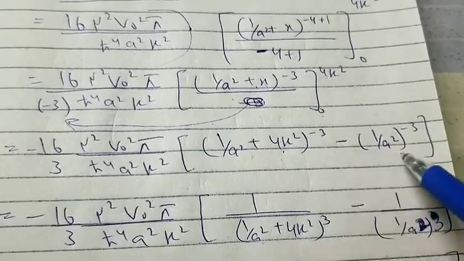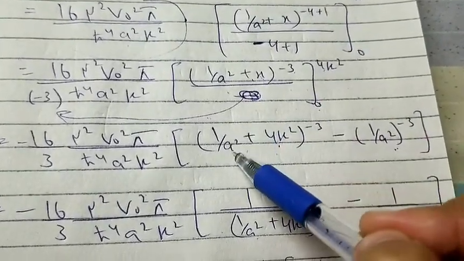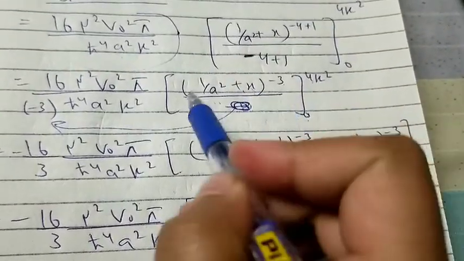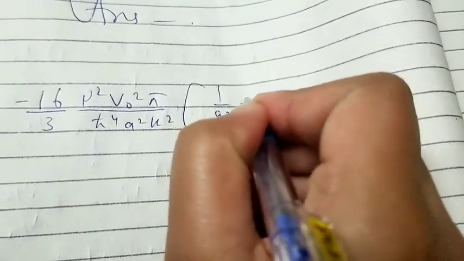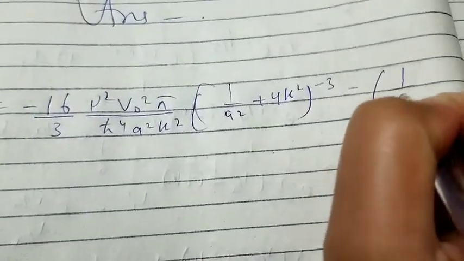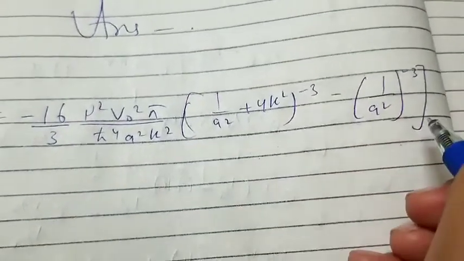So here it is the upper limit, 1 over a square plus 4k square to the whole power -3, minus the lower limit in this thing. So in the next step we are writing minus 16 by 3 mu square v naught square pi by h cut 4 a square k square, and 1 over a square plus 4k square to the power -3 minus 1 over a square to the power -3.